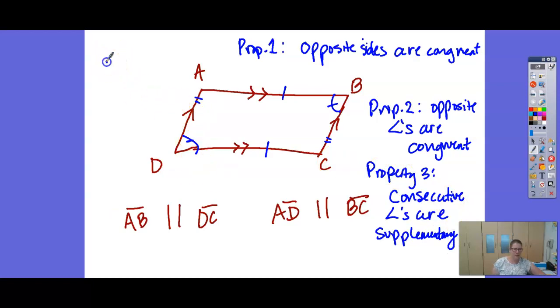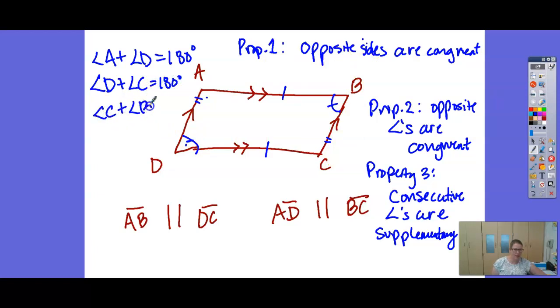So for example, if I take angle A and I add angle D, it should equal 180 degrees because those are consecutive angles. Likewise, angle D plus angle C equals 180. Angle C plus angle B equals 180. And then lastly, angle A plus angle B equals 180.